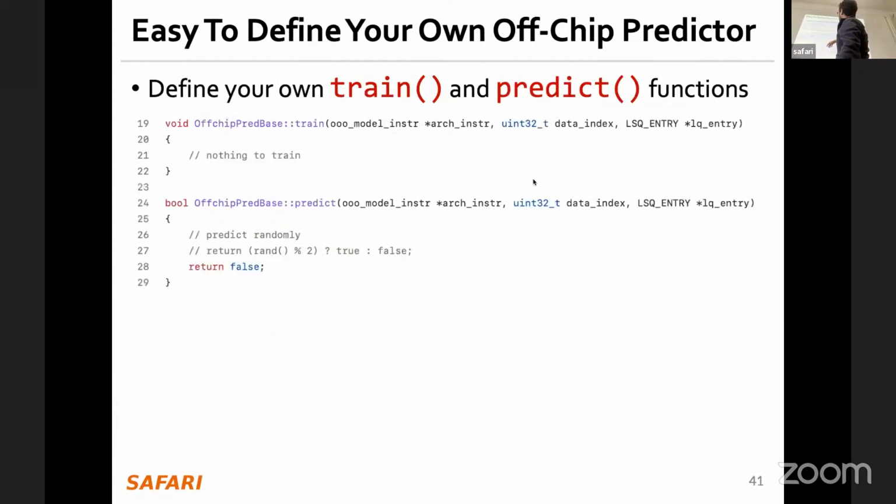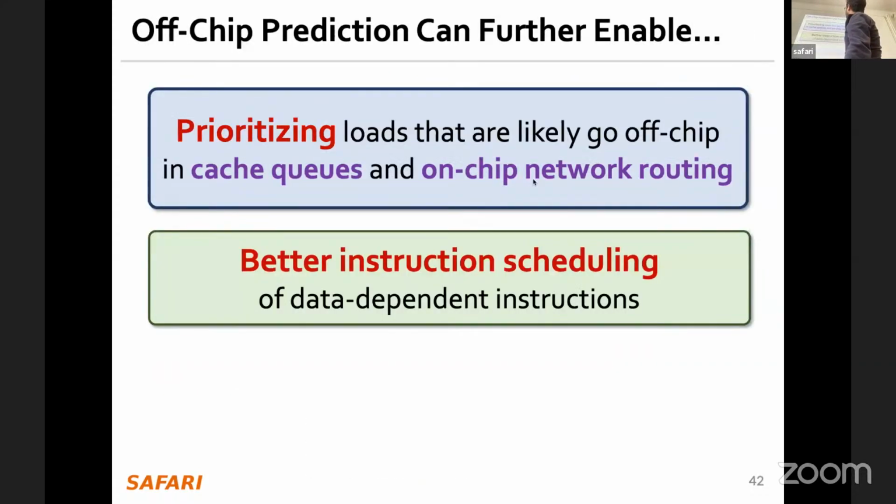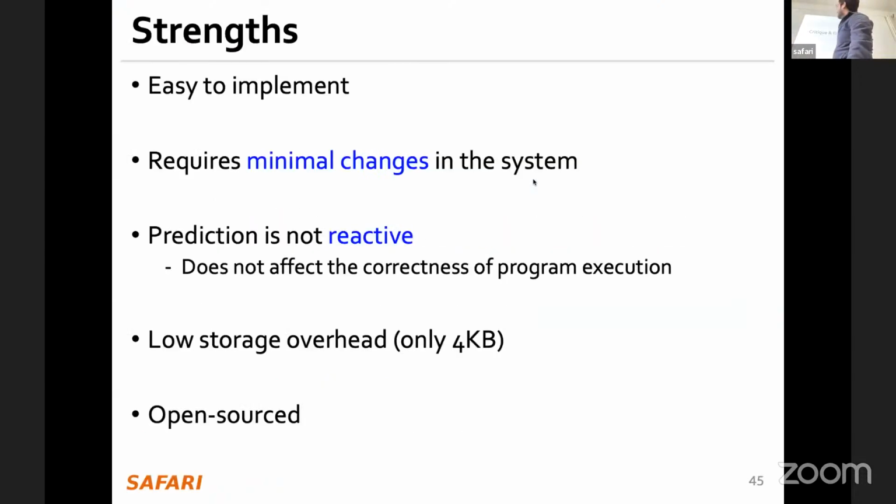You can just go through the code and easily build your own predictor, and you can get statistics like false positive, true positive, false negative, all of this pretty much out of the box. So yeah, that's more or less the presentation. I think I'm going to take a couple more minutes.